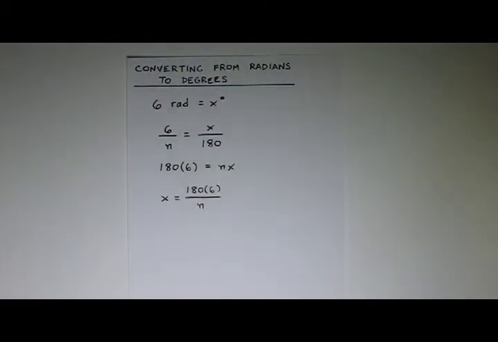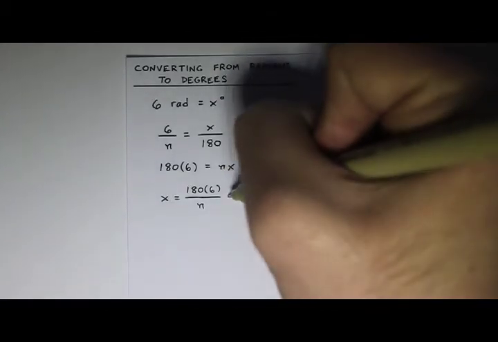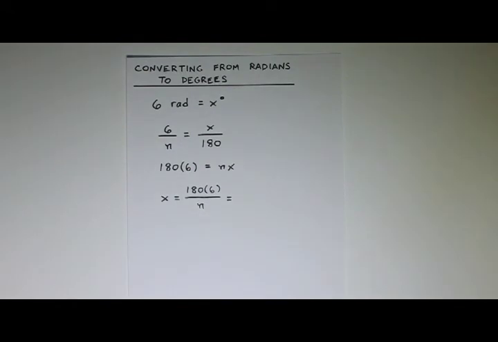Okay, now this is a number that you could leave in terms of pi, but normally with degrees you would want to get an actual number. In other words, you would want to type this into a calculator. If your calculator has a pi button on it, you can use that for pi. Otherwise, you can approximate 3.14159, however far out you want to go. But you wouldn't want to leave it like this. You would probably want to get a number.